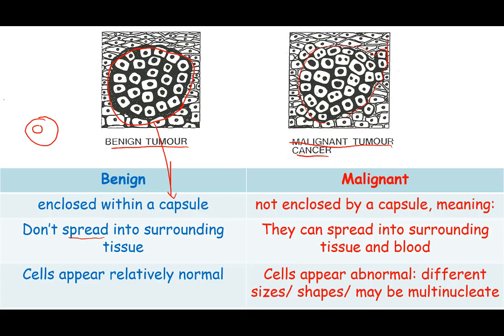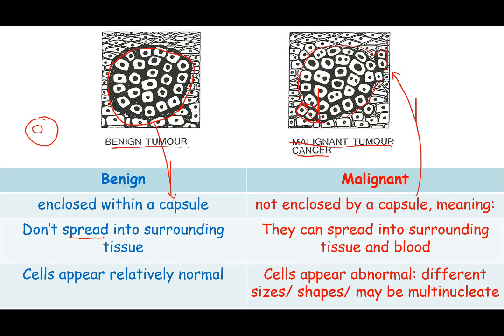Malignant tumours are a bit different though. They're not enclosed by a capsule. So if you look at these bits, this is a bit which is sort of leaking out, and also this bit here. So it doesn't have a capsule around it. Now this means that they can spread into surrounding tissues and blood.